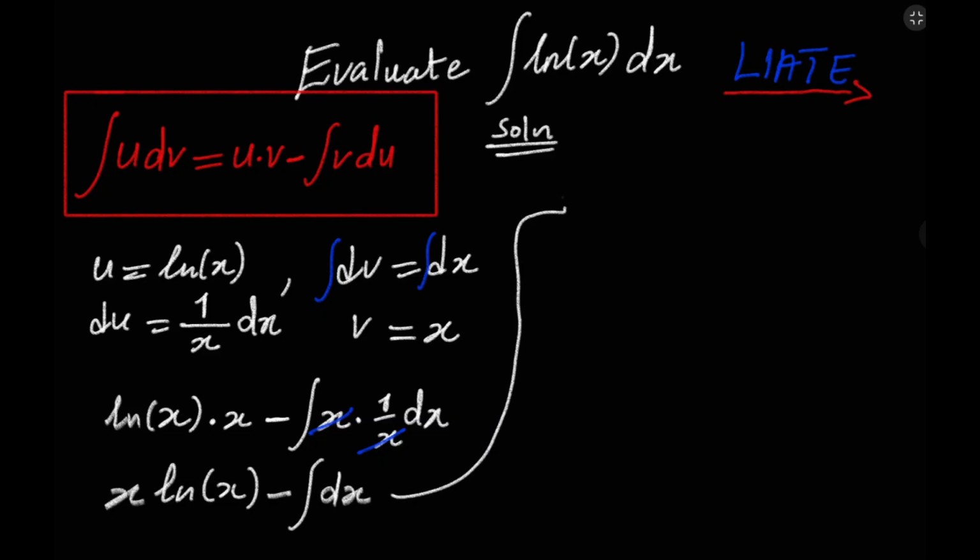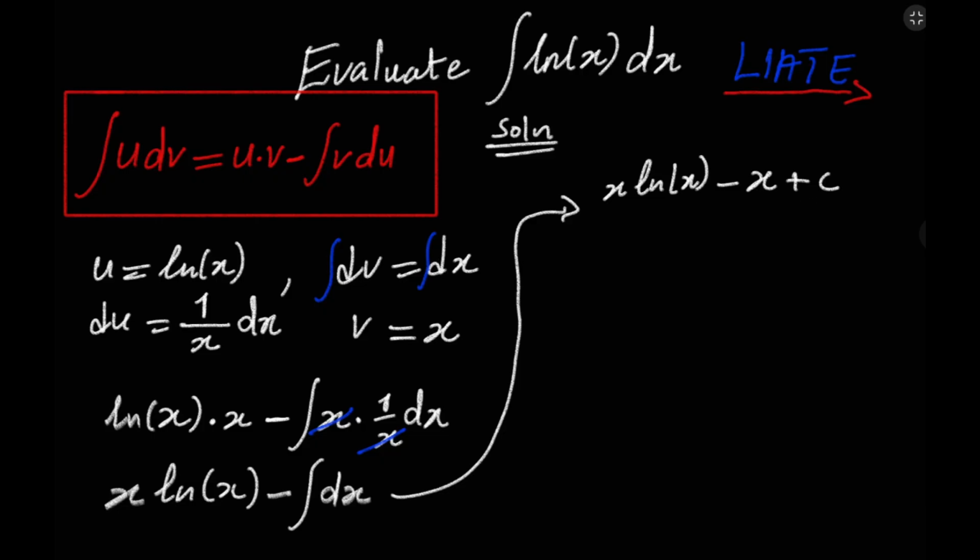Let's continue above here. We have x multiplied by ln x minus the integral of dx, which is x plus c, the constant, because this is our very last step.